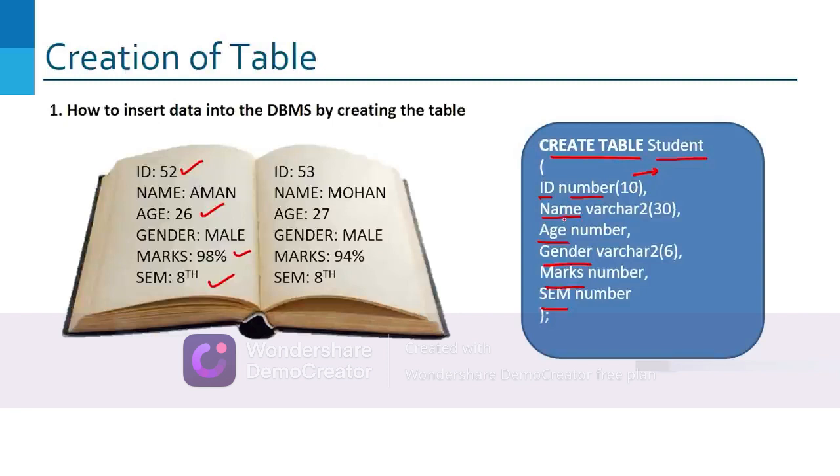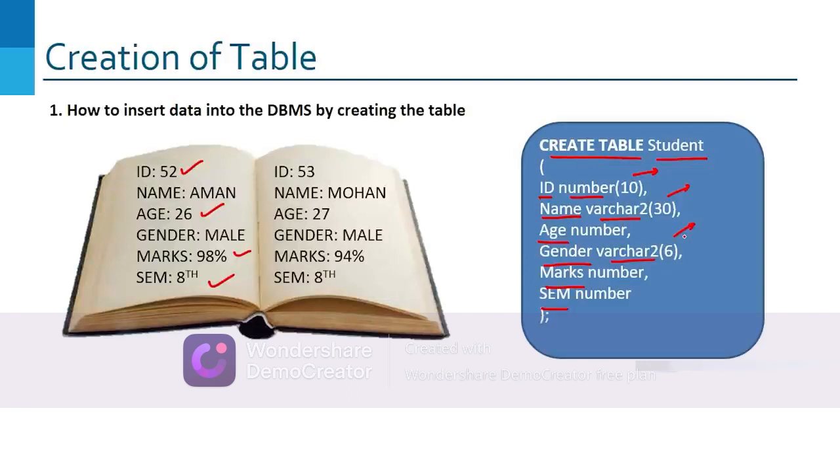Similarly, for name and gender, we have varchar2, which is another data type. Don't worry, we will see what data types are and how to write them in our other topics. But right now I'm just telling you that these are the data types. Varchar2, why is it named varchar2, not only varchar? That also I'm going to tell you in the data type topic. 30 and 6.